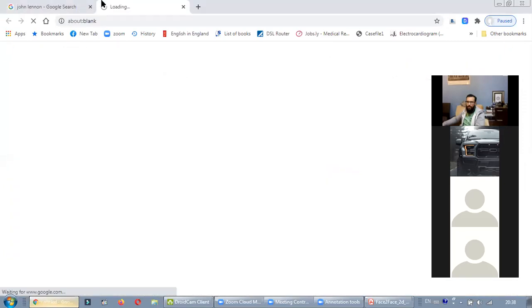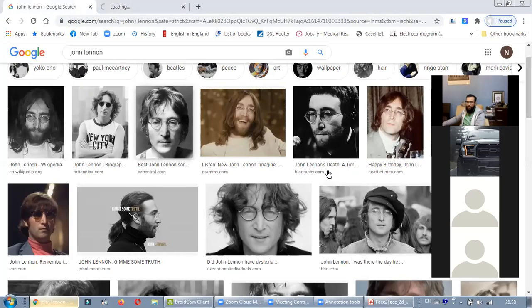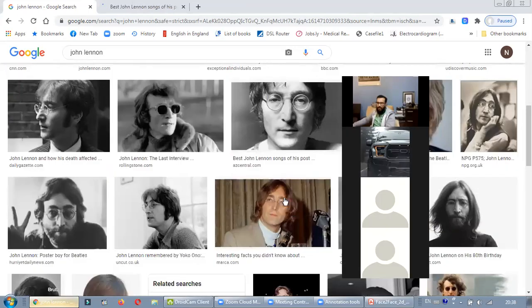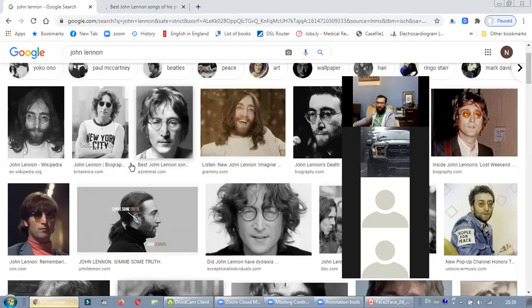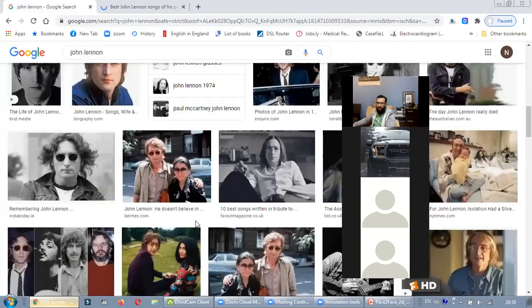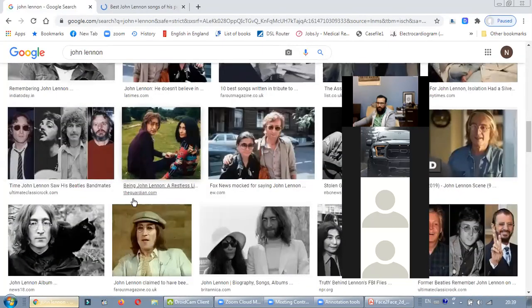Can you see these photos? Yes, this is John Lennon. So they killed him, I think, in the 80s. So he's been dead a very long time. Okay, so let's get back.